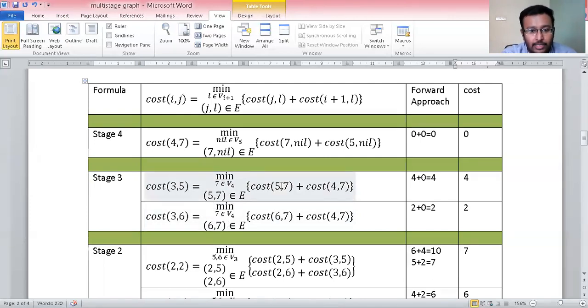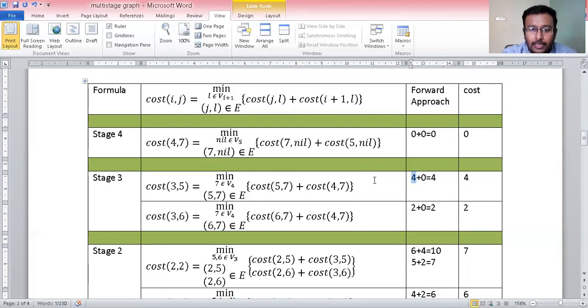So the first thing I should do is find out the cost of the edge from 5 to 7. Next, the cost of the vertex 7 at stage 4. So if I calculate this, the cost of the edge from vertex 5 to vertex 7 is nothing but 4.